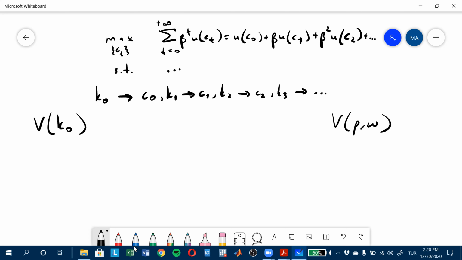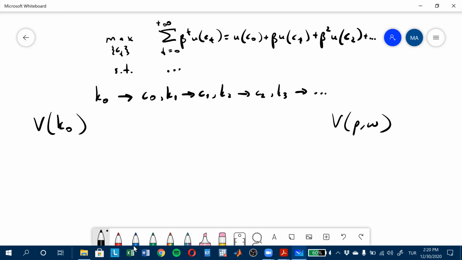Here, for the consumer, the only given is the initial capital stock. So then the value function must be a function of this. So that's one starting idea for how we should think about the recursive approach.